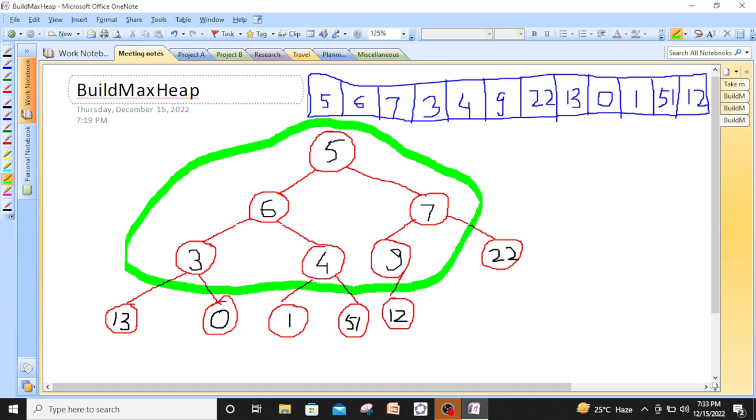I have read the nodal values in the opposite direction, and in that direction we have 6 nodes, and we have to make each of these nodes under the influence of the max heapify function.